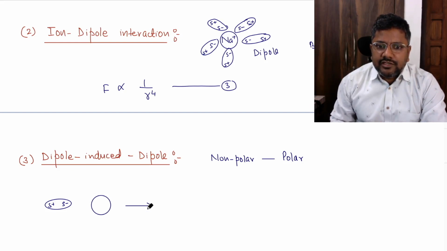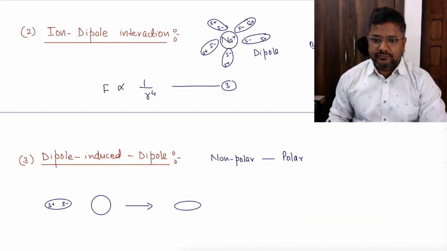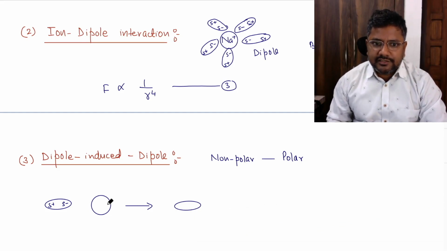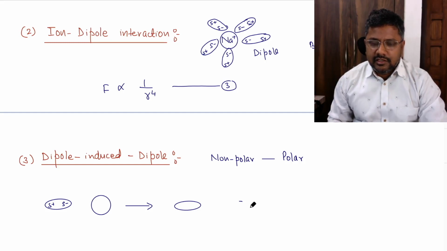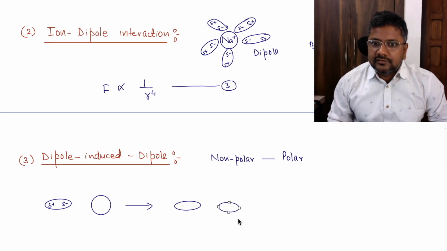When they come close to each other, see, this is a dipole, and this symmetrical molecule also deforms and adopts a dipole, right? So this is delta negative, this is delta positive, and there is an interaction.